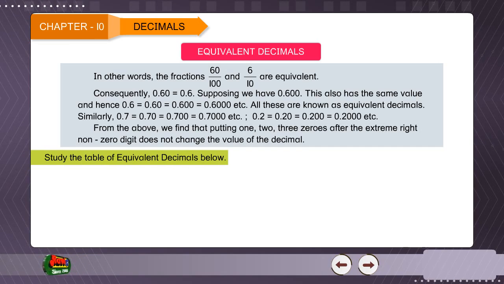Study the table of equivalent decimals below.